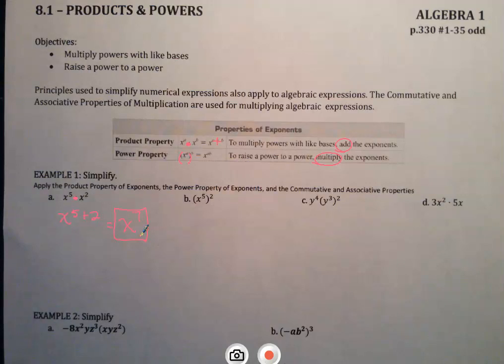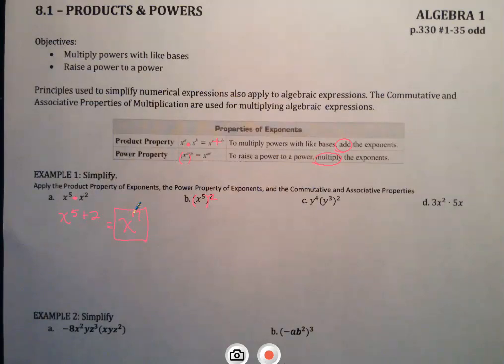Okay, so this is what we call the power property. So we have x to the 5th, and we're raising it to another power. Since it's x to the 5th and then x to the 2nd, why isn't it 2x?